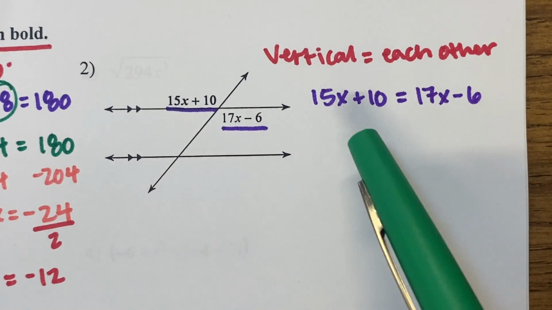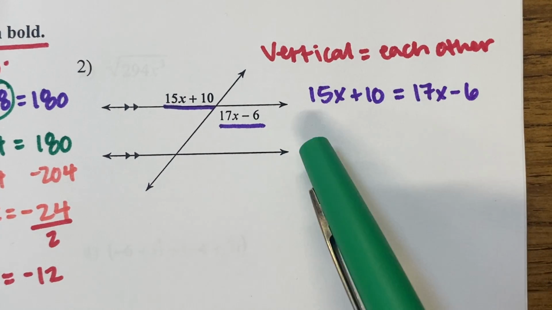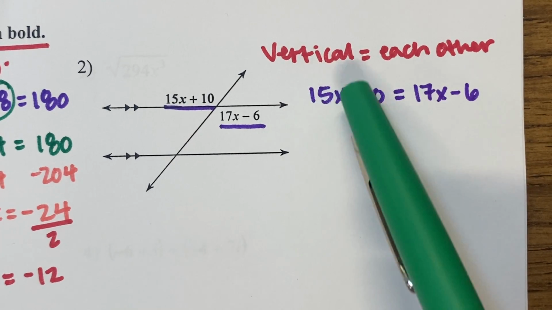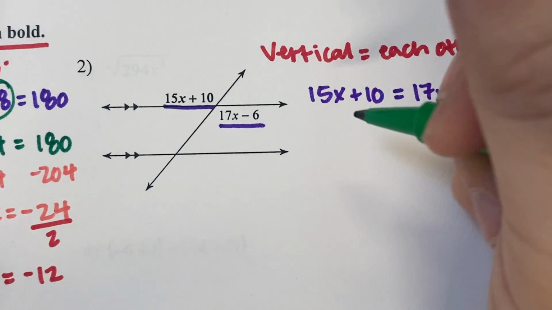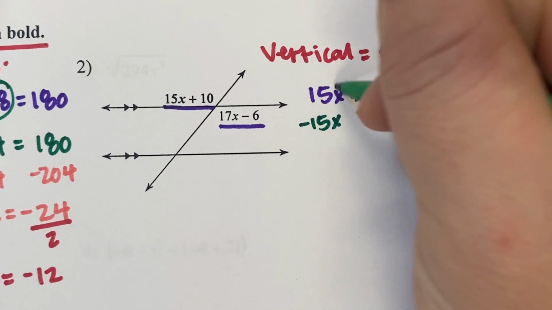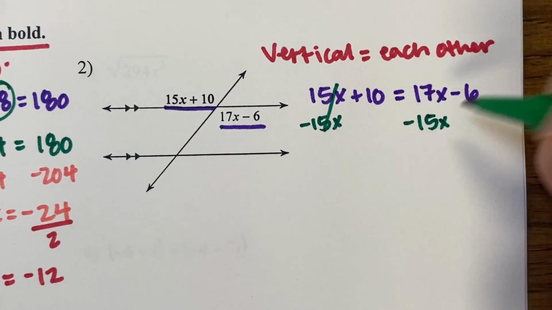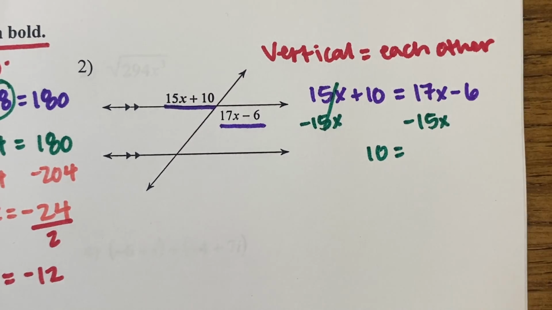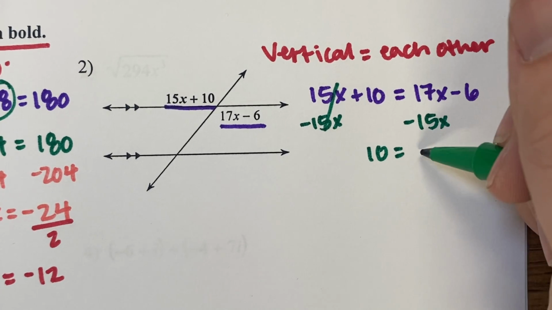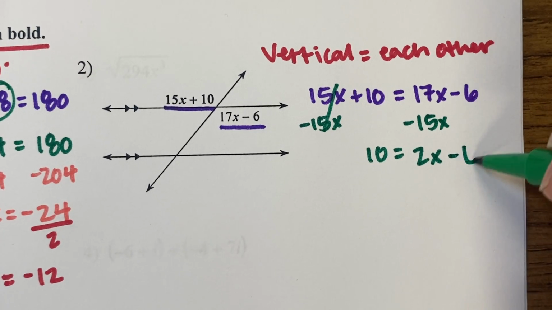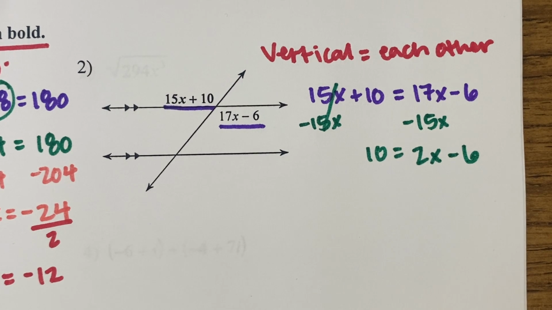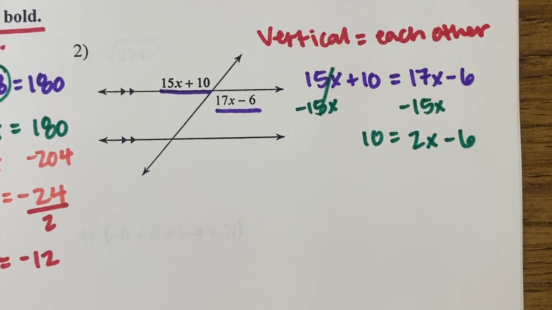Well, in order to solve for x, I need all my x's on one side. So I'm going to move the 15 because that's smaller, so I'm going to do the opposite. Subtract 15x, subtract 15x, 10 is left over here. 17x minus 15x is 2x, and the minus 6. Now I can solve for x.